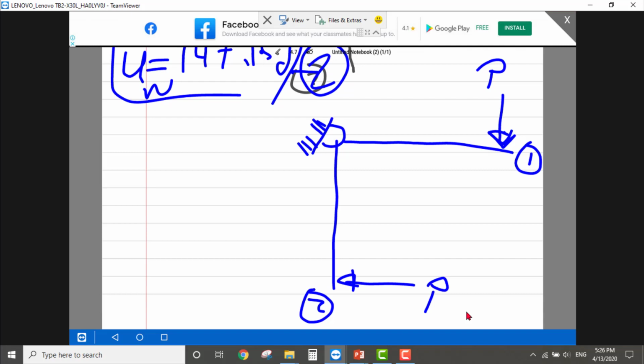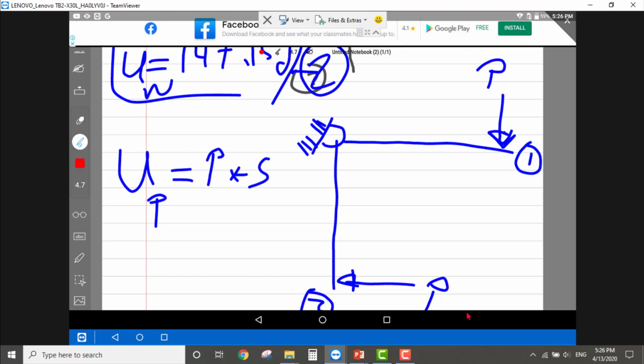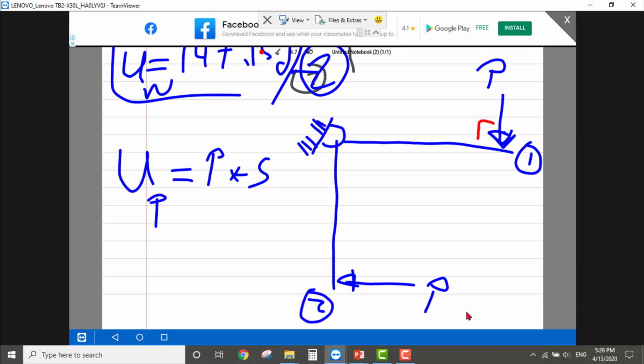So the work due to load, I write it like this, equal to the force that we have multiplied by the distance or the displacement. The displacement here, one can easily tell, once this force is perpendicular, then it remains perpendicular at any instance along this arc.